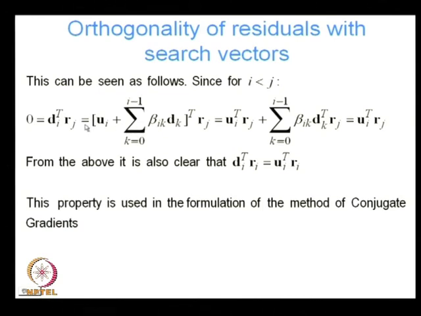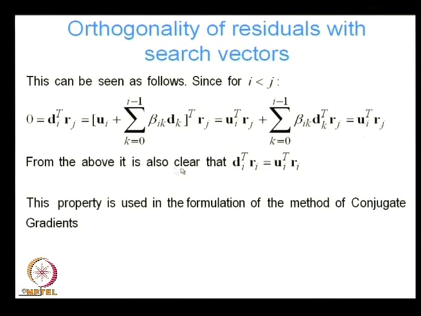So I replace that d_i by this expression, I get u_i transpose r_j plus this term, the sum for k equal to 0 to i minus 1 of beta_ik d_k transpose r_j, but this is going to be 0 because k goes from 0 to i minus 1 and j I know is greater than i. So this has got to be 0. So I have u_i transpose r_j.